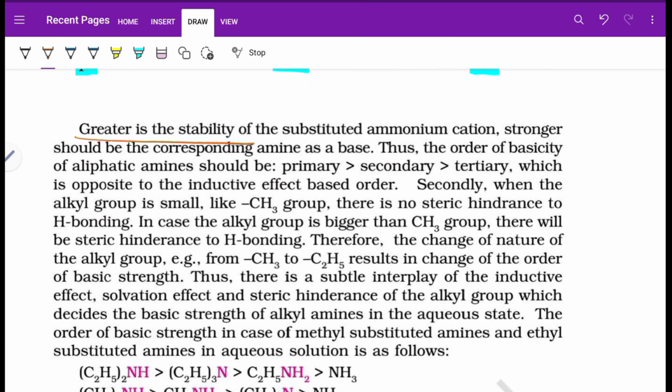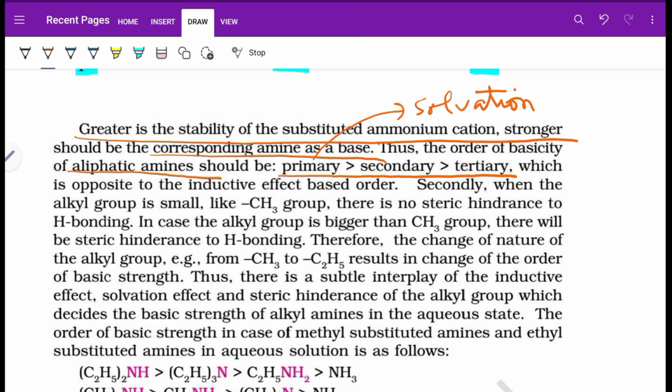So greater is the stability of the substituted ammonium cation, greater should be the corresponding amine as a base. That means the strength of the amine as a base. So the order of basicity for aliphatic amine is primary greater than secondary greater than tertiary on the basis of solvation effect, which was observed to be opposite to that of inductive effect.